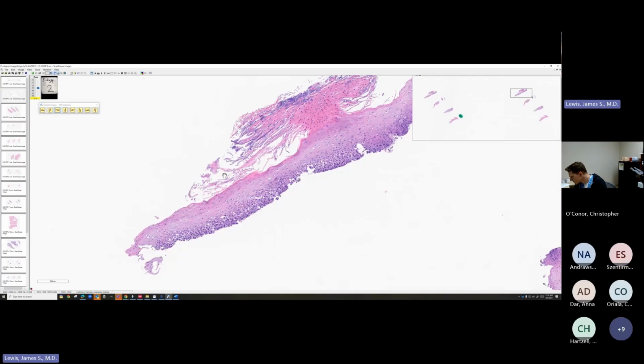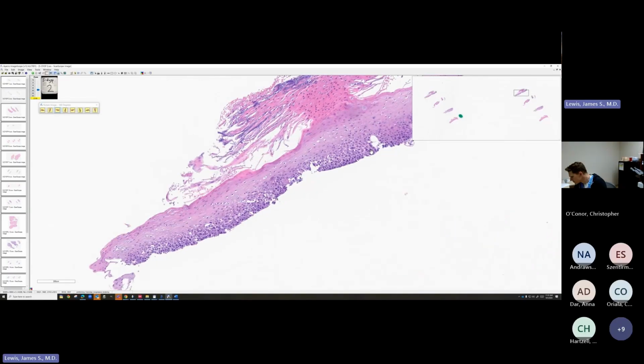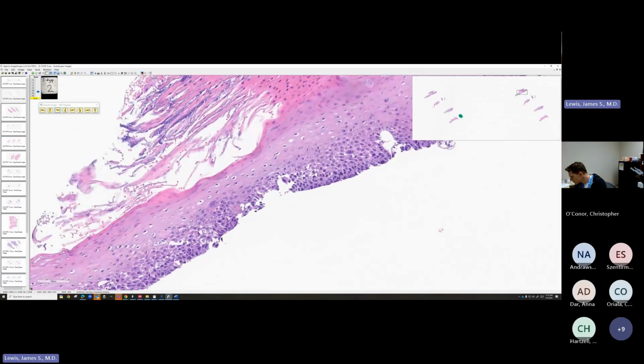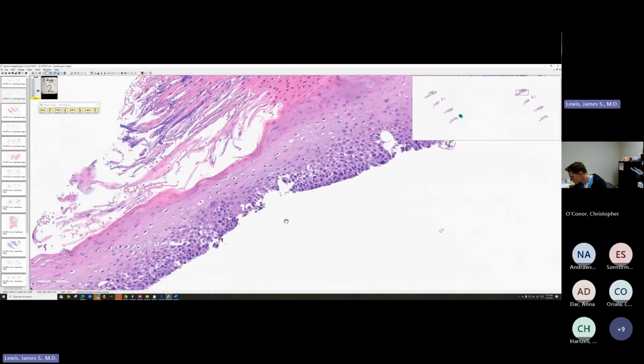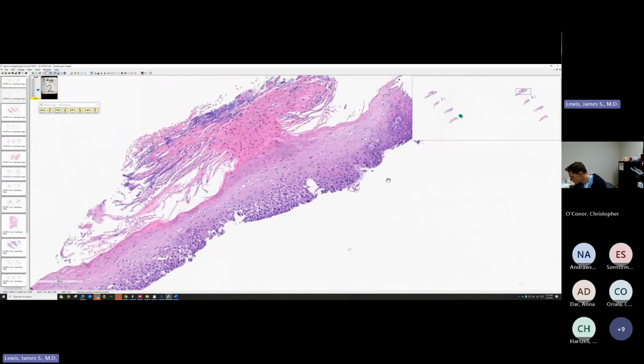Well, I think what you said at the beginning is right: all the features are additive on each other. So if you put these cytologic features and this degree of not maturing up together with abnormal, bulbous reedy down there, I definitely would make this severe.